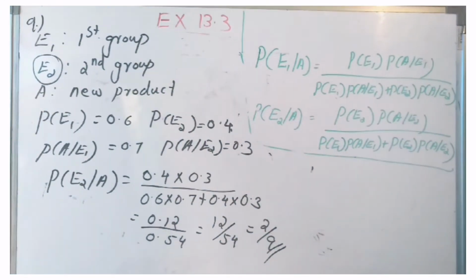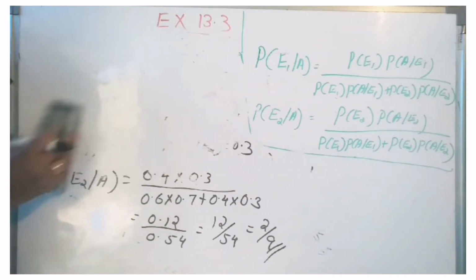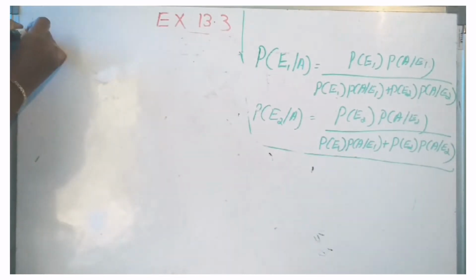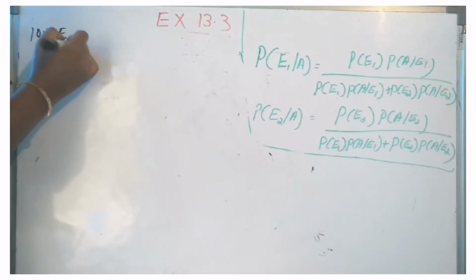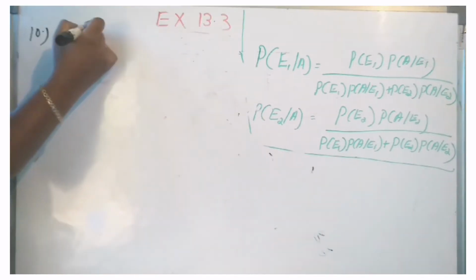So here the experiment is tossing a die and two cases are there. So we will define two events, E1 and E2. Let E1 be the event that the girl gets 5 or 6.